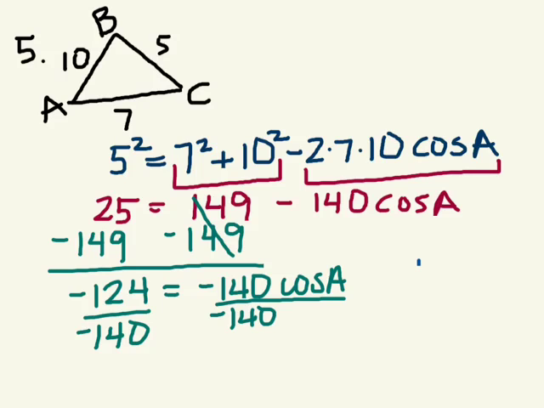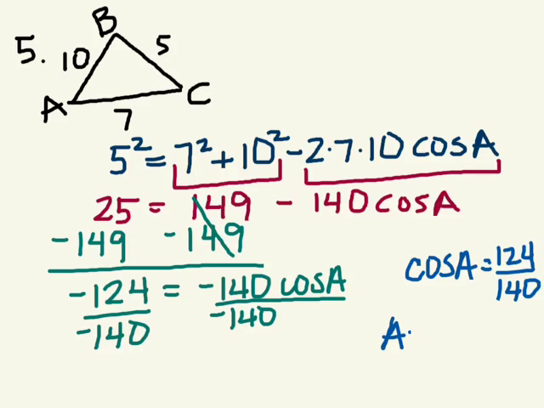So we have cosine of A equals 124 over 140. If you remember from geometry and probably from algebra 2 as well, to get the cosine to the other side, you're going to do cosine to the negative 1. On your calculator, that'll be second cosine. It's also called arc cosine.